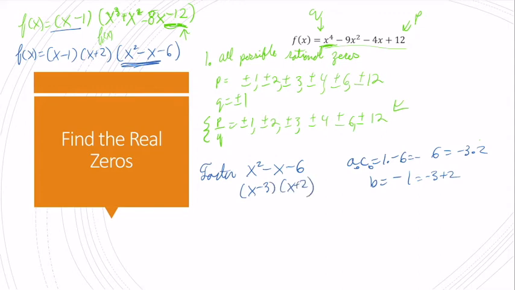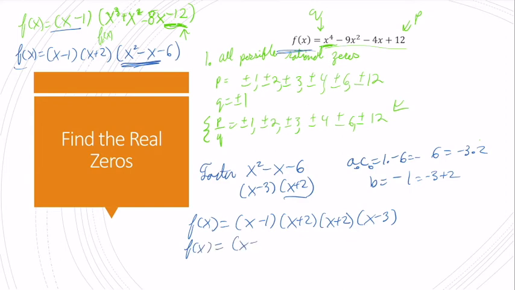So my original polynomial fully factored is f of x equals x minus 1, x plus 2, x plus 2, x minus 3. So you can see I have fully factored f of x equals x minus 1, x plus 2 squared, so it has a multiplicity of 2, and x minus 3.